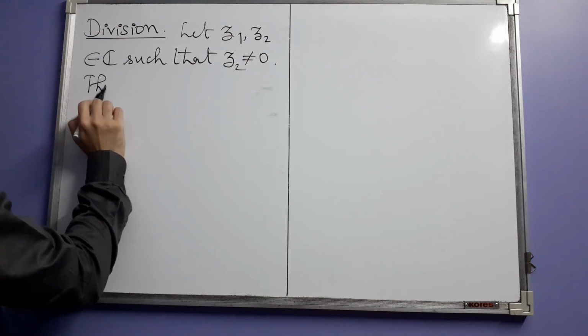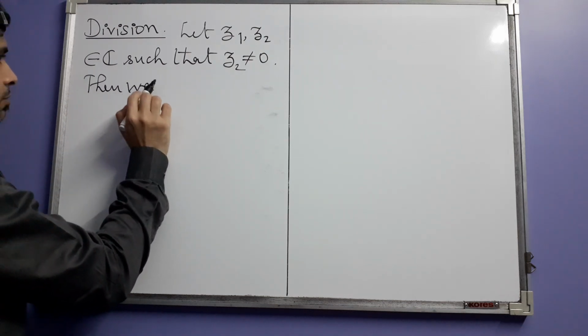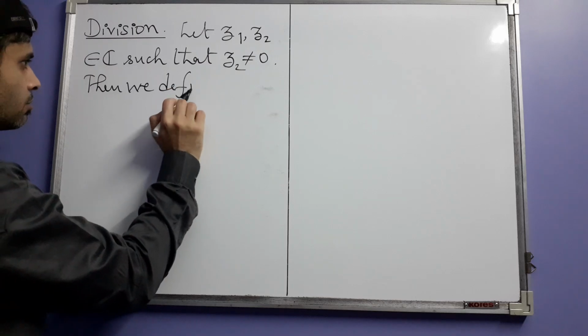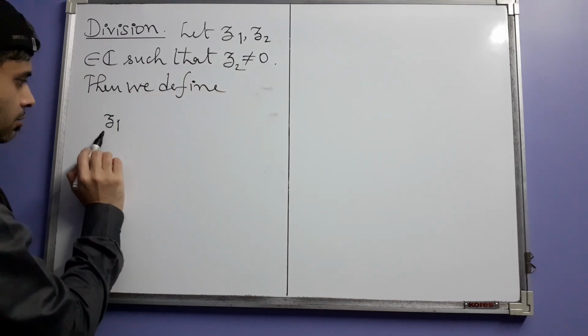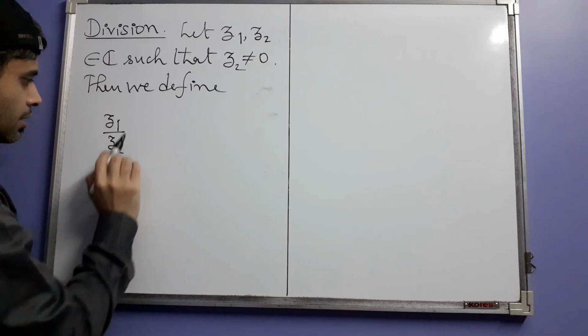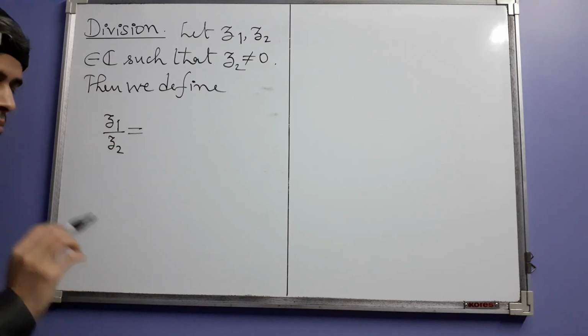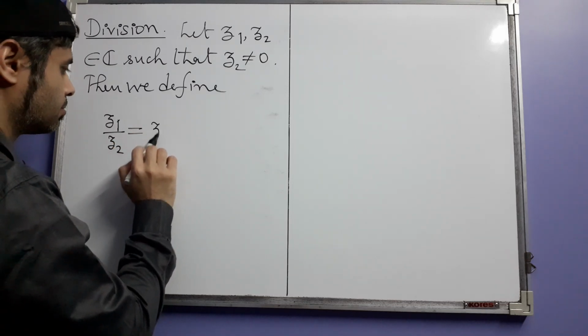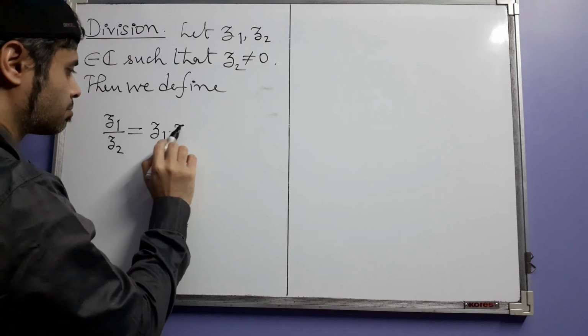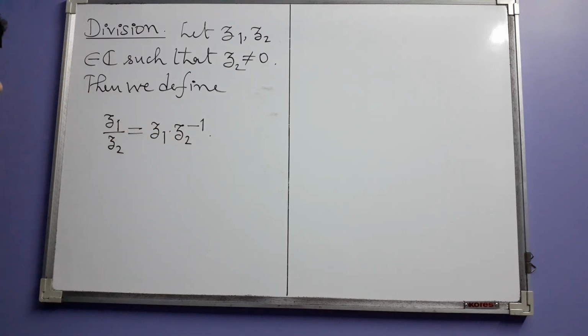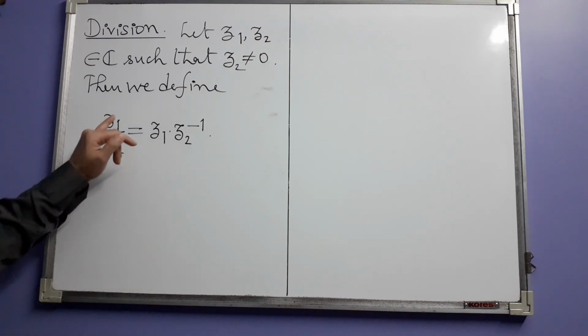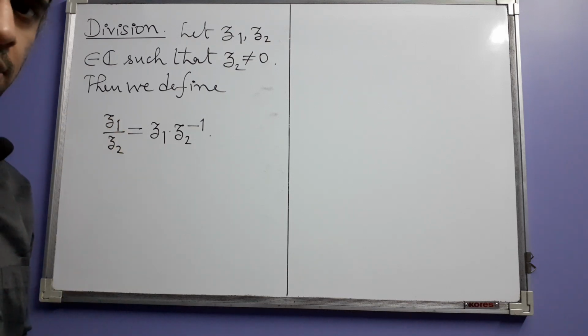Then we define Z1 divided by Z2 by this formula. It is the product of Z1 and the multiplicative inverse of Z2. That is the meaning of Z1 divided by Z2.